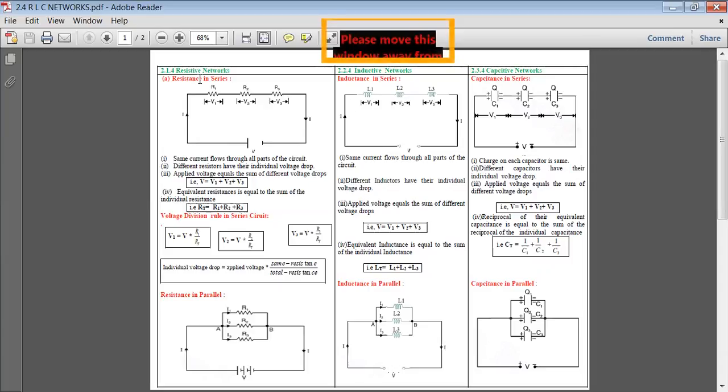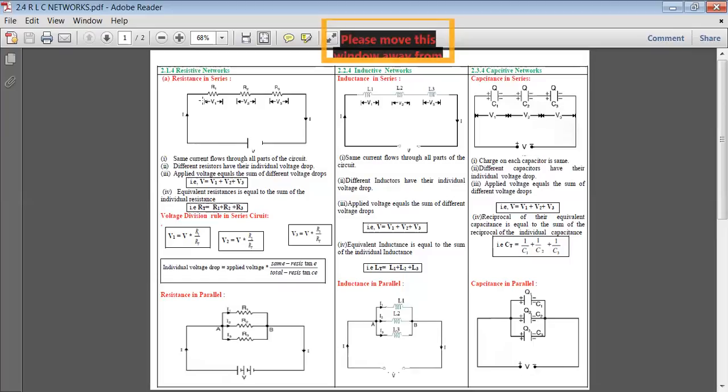in series. We have to draw this diagram first. Give a supply to three elements, three components, R1, R2, R3. Let the resistors be R1, R2, R3, and give a supply with the help of a battery, which is connected to R1, R2, R3.